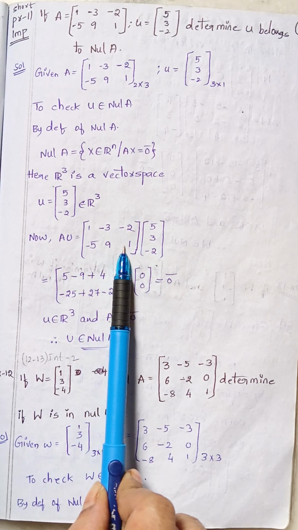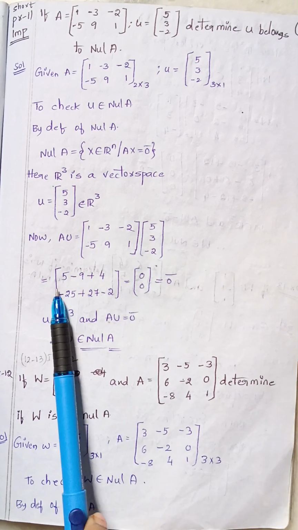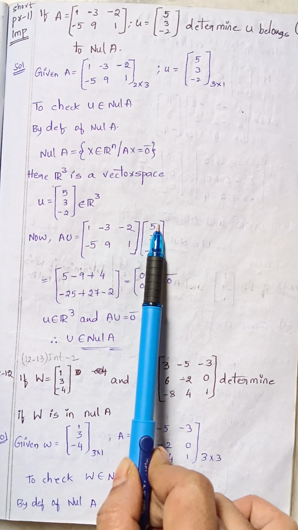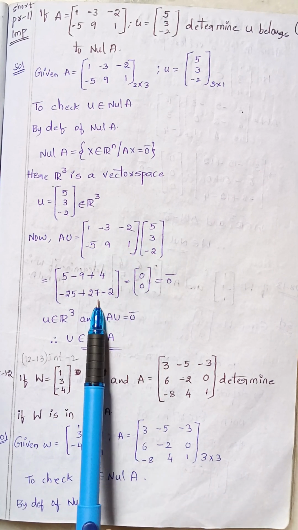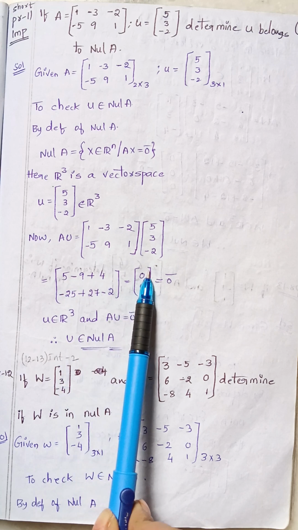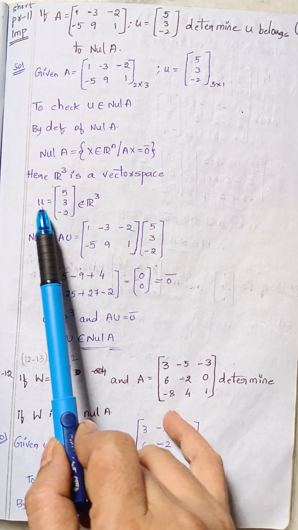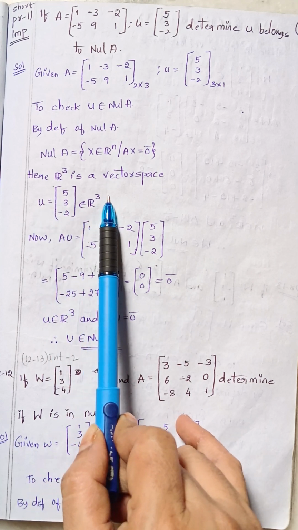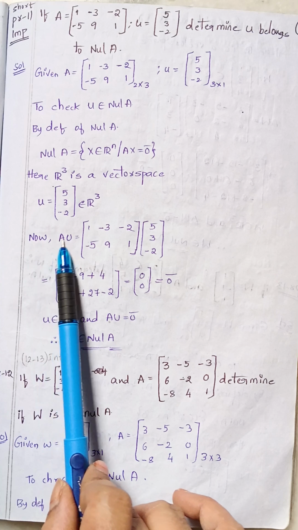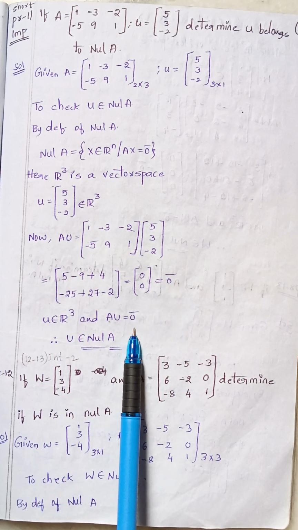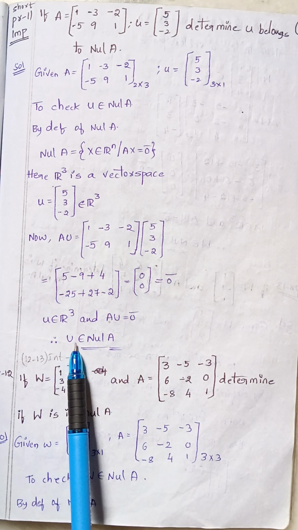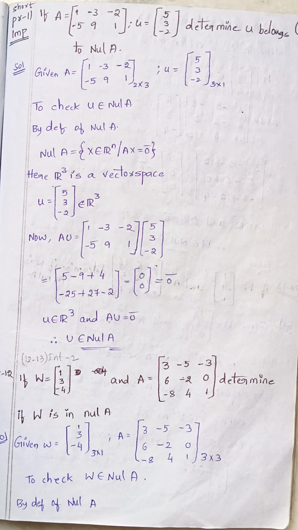Second row: minus 25, 27 minus 2. Then 9 minus 9 is 0. Here 27 minus 27 is 0. See, 0 bar. So here U belongs to R power 3 and also A into U equals 0 bar. So from the definition of null A, we can conclude U belongs to null A.